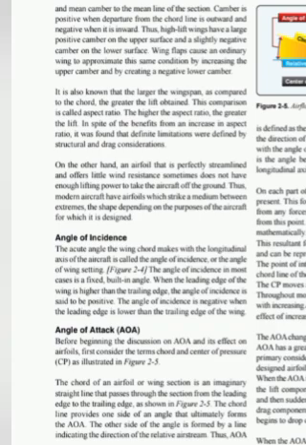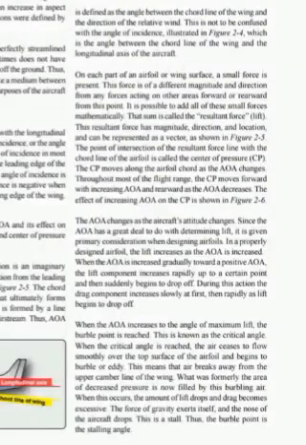The other side of the angle is formed by a line indicating the direction of the relative airstream. Thus, angle of attack is defined as the angle between the chord line of the wing and the direction of the relative wind. This is not to be confused with the angle of incidence, illustrated in Figure 2.4, which is the angle between the chord line of the wing and the longitudinal axis of the aircraft.